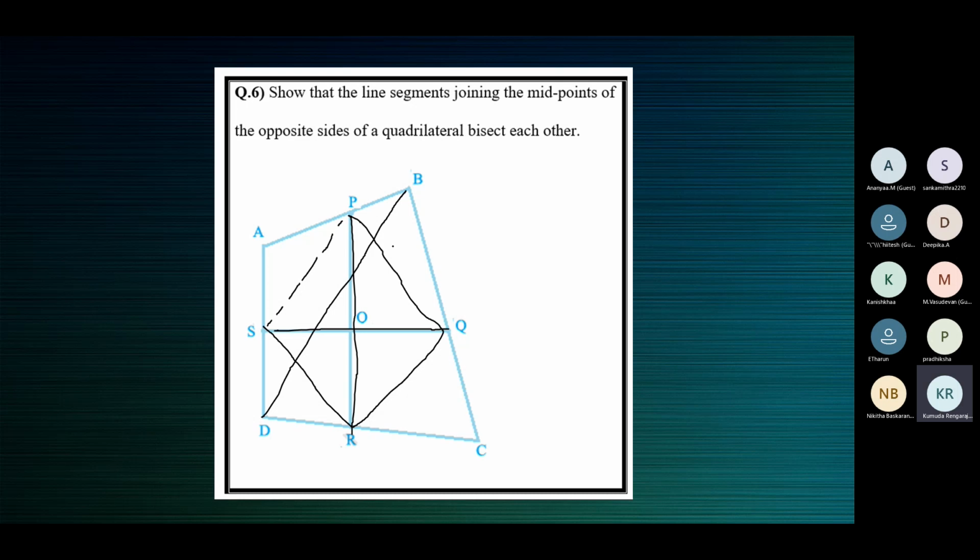With BD as a side, we have two triangles: BDA, then BDC. So you need to choose two triangles that have BD as a side.